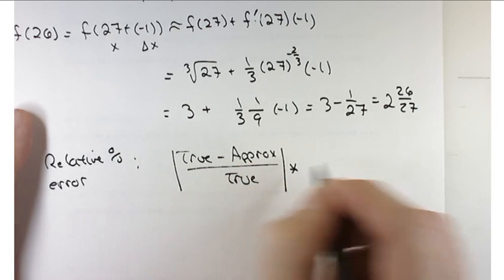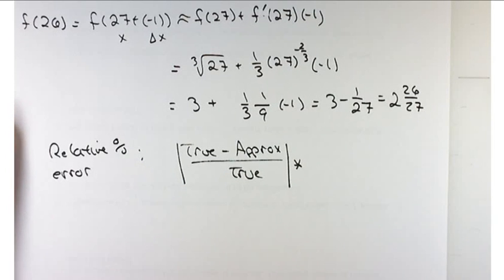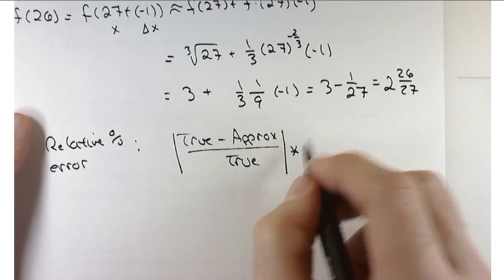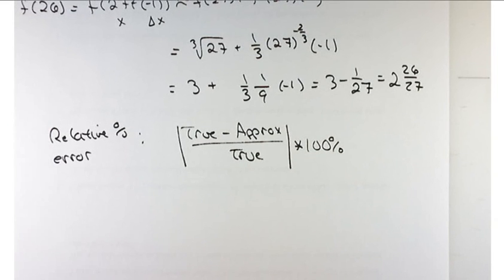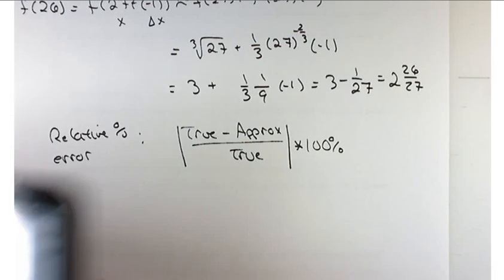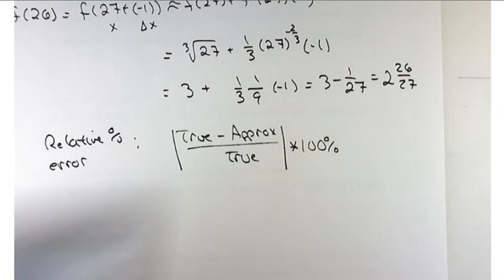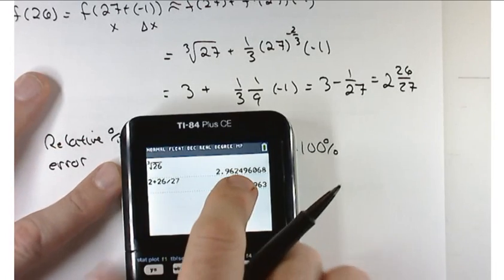Now, I don't like taking the absolute value because that robs me of some information, but this is probably more of a standard way that you're going to see it calculated. The absolute value of that times 100%. Our true value was this one up here, the first one, right?